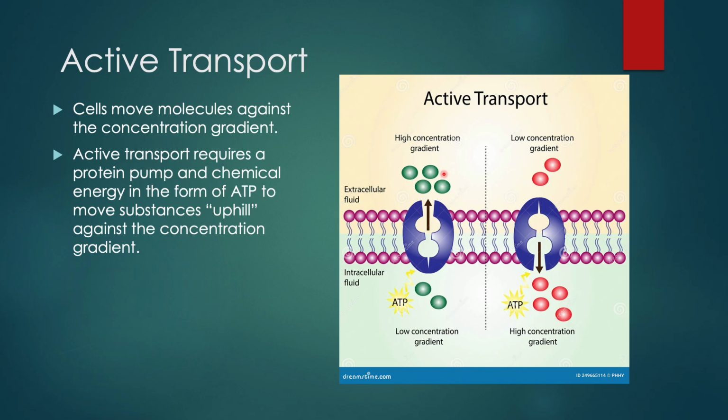In order for that to occur, active transport is going to require a protein pump, and that protein pump is going to need the help of energy, chemical energy in the form of ATP, in order to move those substances from a low concentration to a high concentration.